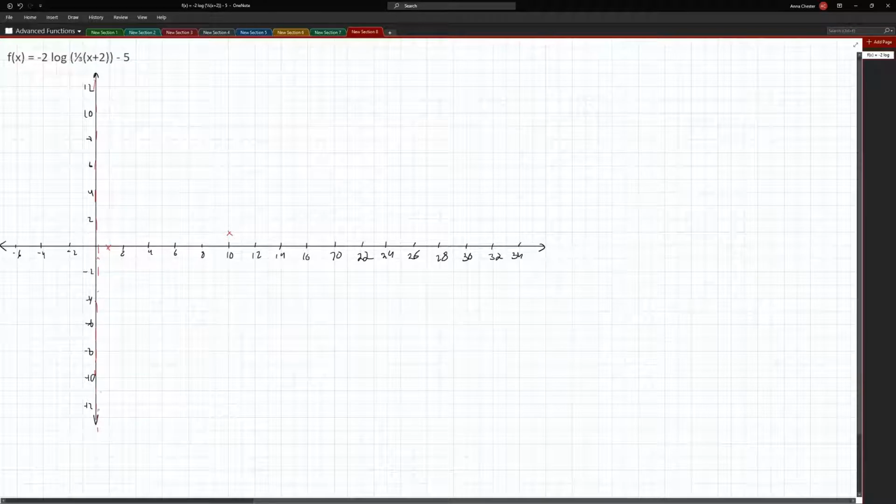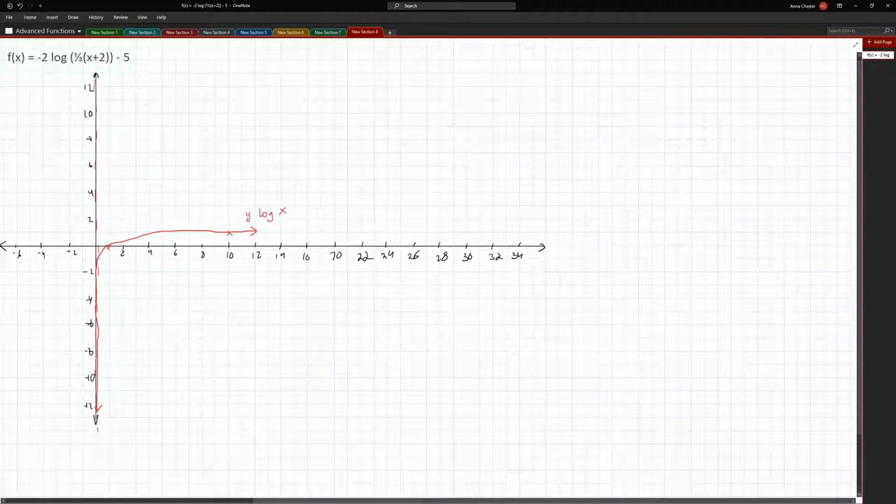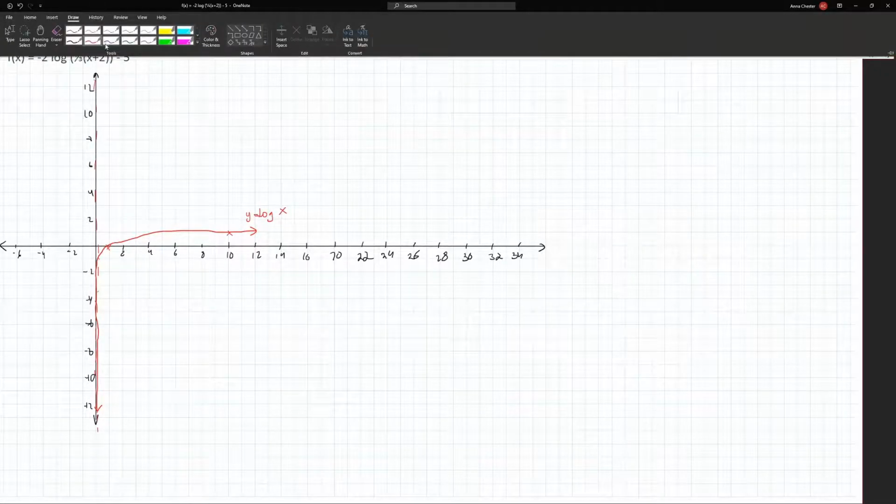This might seem a little bit difficult to draw, but I will show you on Desmos just how close these lines get, and honestly, doing them by hand is nearly impossible for them to be perfect. So this function over here is y equals log of x. This is our base function.